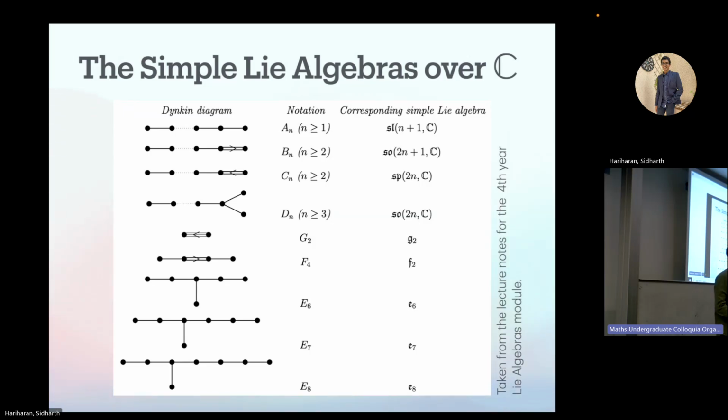To do that, you have to look at graphs and subgraphs and determinants of these subgraphs. The reason you need to look at the determinants of subgraphs is that you would be using Sylvester's criterion that I mentioned, which looks at the determinants of minors of the matrix. You can show that there is a correspondence between the minors of the matrix I talked about and subgraphs of the Coxeter graph in question.